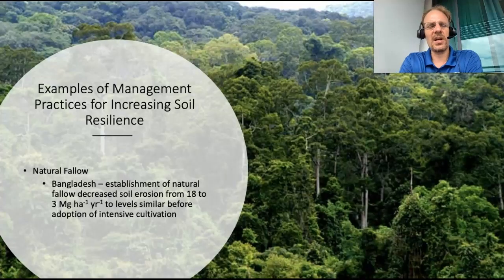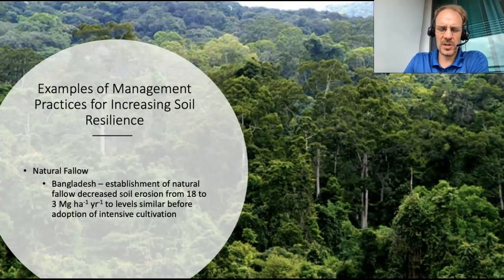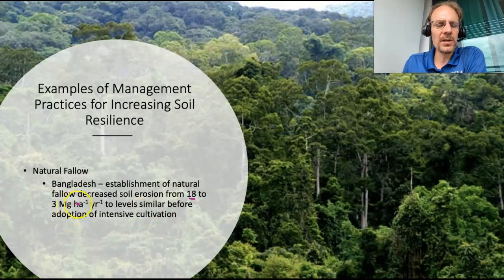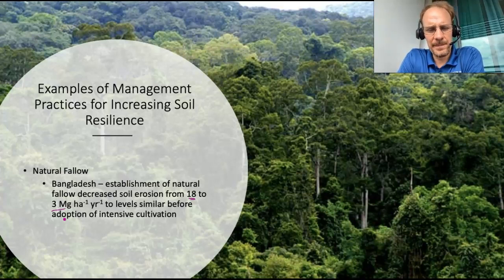The last one is natural fallow. In Bangladesh, they allowed soils to return to natural vegetation. So after having cleared the land, they let the land go back by planting in some natural vegetation. The result was a decrease from 18 megagrams of soil loss per hectare via soil erosion to only 3 megagrams of soil loss per hectare per year on the natural fallow.